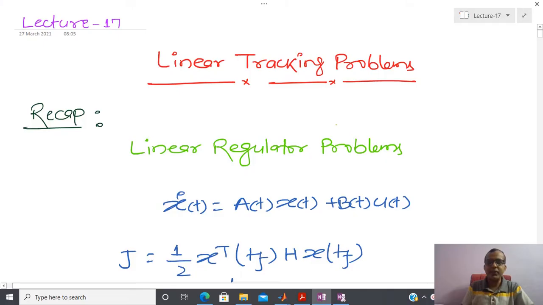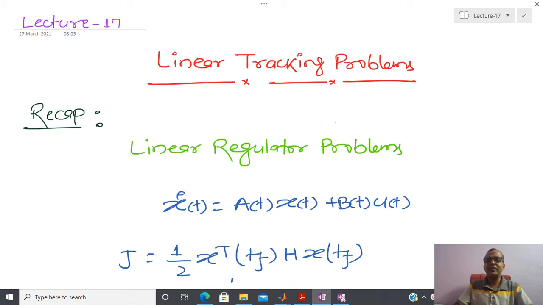Welcome back. In today's lecture, I am going to talk about linear tracking problems. In the previous class, what we have found is that if we have to maintain a state closer to the equilibrium point or origin, then how to design optimal control.